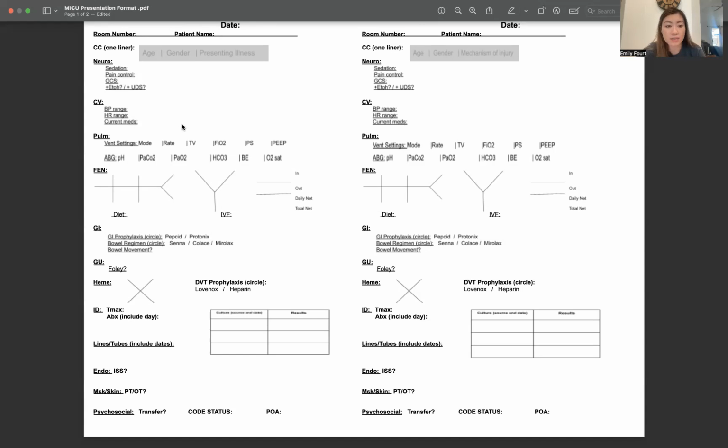And so you'll see throughout this form, there are areas for you to plug in information: blood pressure and heart rate range, for example, and the vent settings. Labs, you can put your electrolyte panel, your CBC, culture results here. I end up writing scratch notes on the sides to talk about imaging wherever it's most appropriate in the presentation. As far as the way that you would go about your system-based rounding, I try to remember almost a SOAP format under each of the headers.